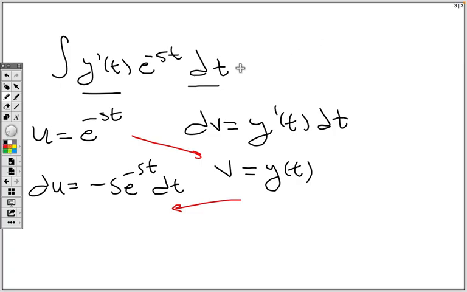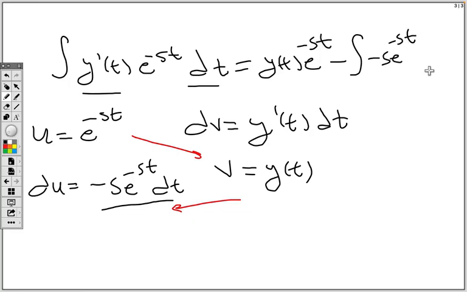So that would equal y of t e to the minus st minus a negative v du. So this would be minus the integral of minus s e to the minus st y of t dt.